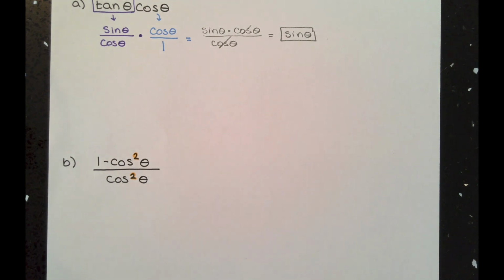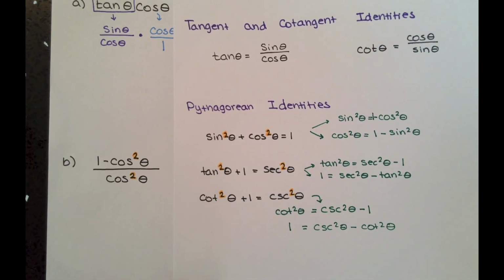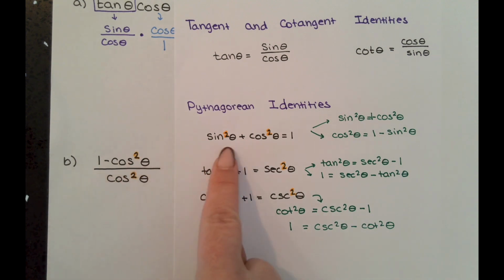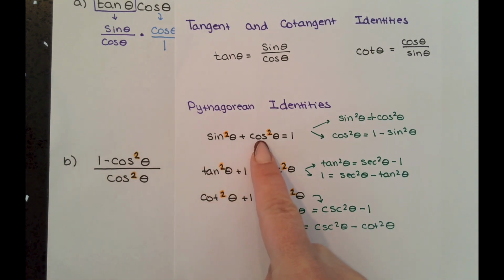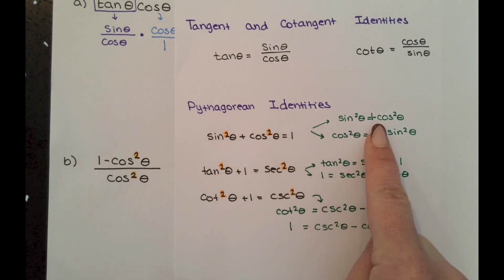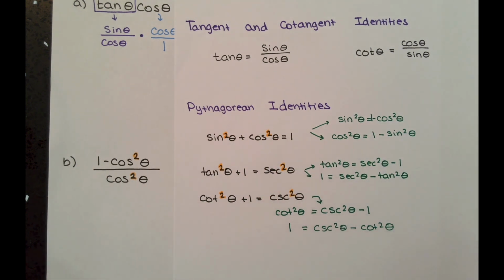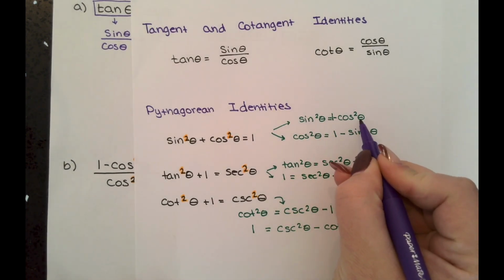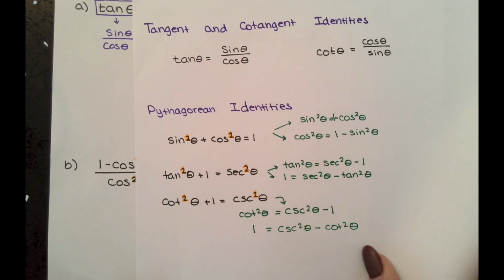They're already there. So Pythagorean identities, here's our cheat sheet, and we're looking for 1 minus cosine squared of theta. So I'm looking here because that's the only one that has cosine in it. And I'm looking for 1 minus cosine. Oh, there it is.